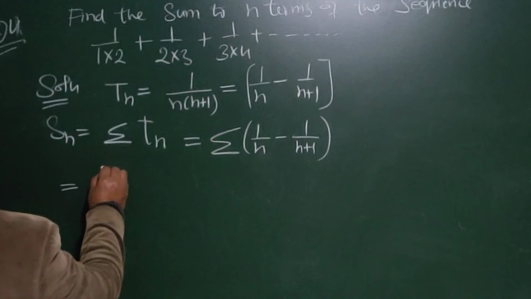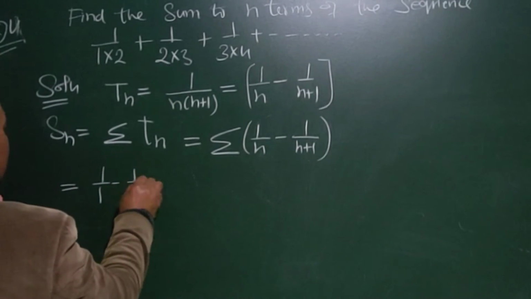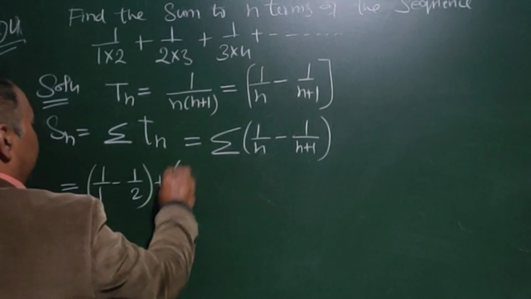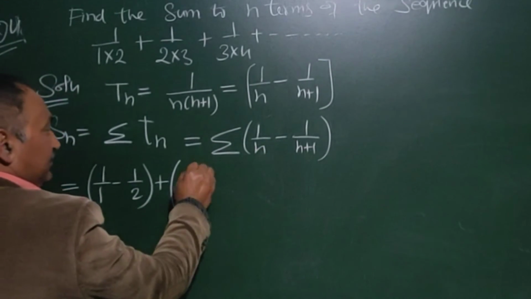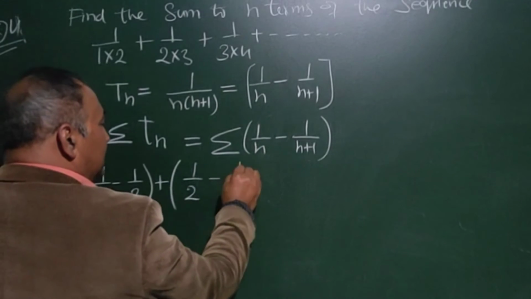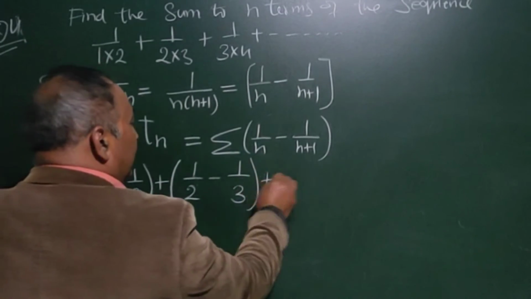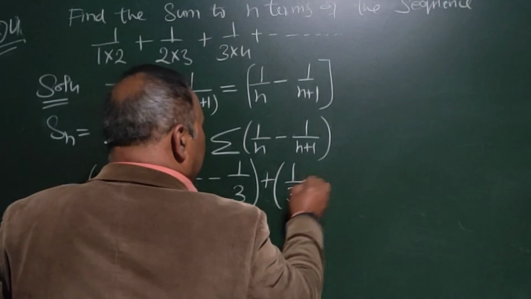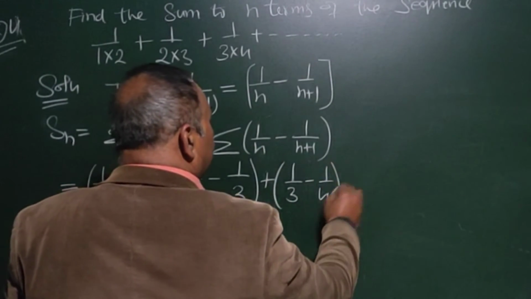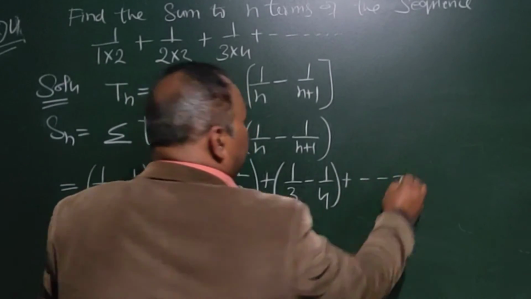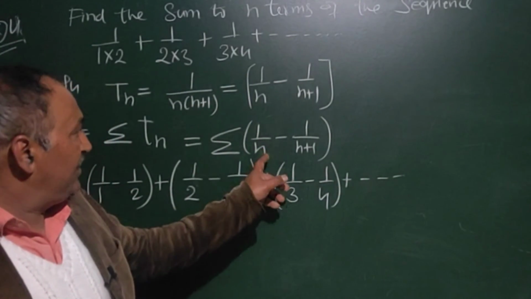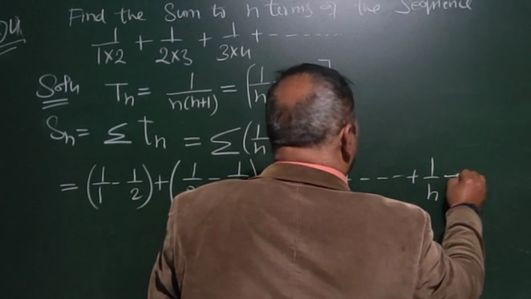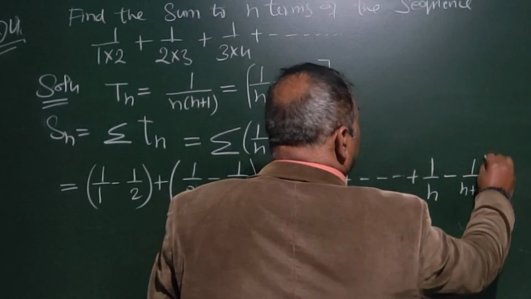Here we get 1 upon 1 minus 1 upon 1 plus 1, that is 2. In the second term, putting 2, 1 upon 2 minus 1 upon 3. Therefore, putting n is equal to 3, 1 upon 3 minus 1 upon 4 plus dot dot dot, and at last putting n is equal to n, we get 1 upon n minus 1 upon n plus 1.